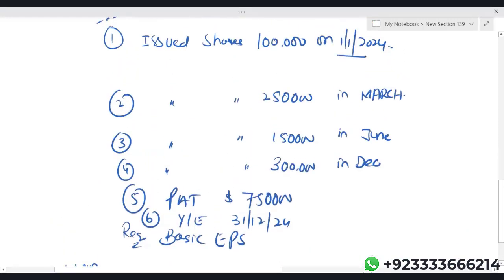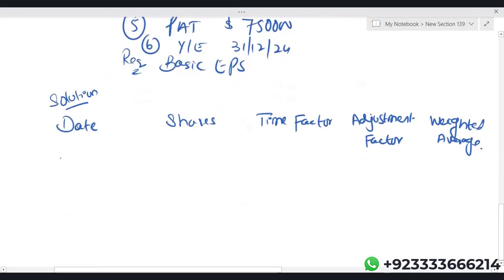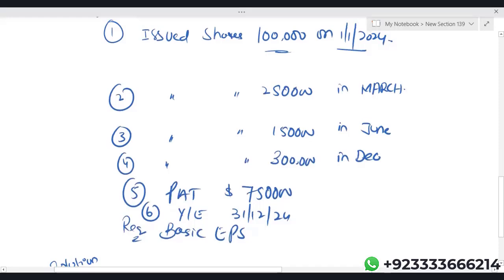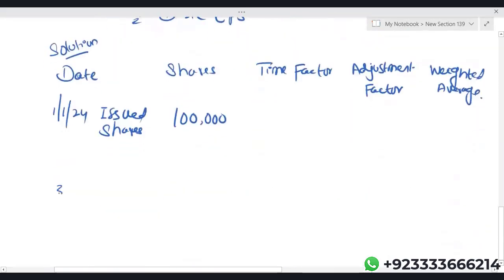Issued shares on 1/1/2024 is 100,000. After January, the company has issued 250,000 shares in March. Nothing is mentioned, it is always end of the month, 31st March 24.